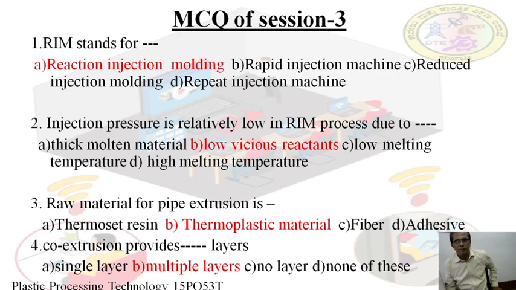Raw material for pipe extrusion is thermoplastic material. Question number 4. Co-extrusion provides dash layers. Single layer, multi-layers, no layers, none of these. Co-extrusion is meant for multi-layer production.